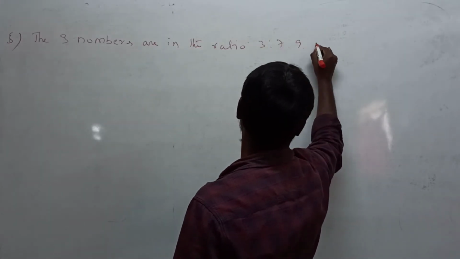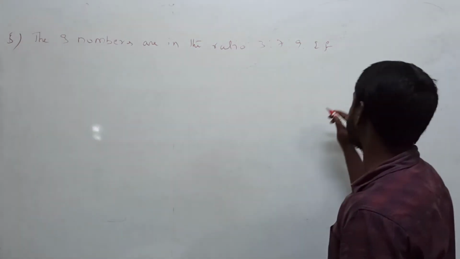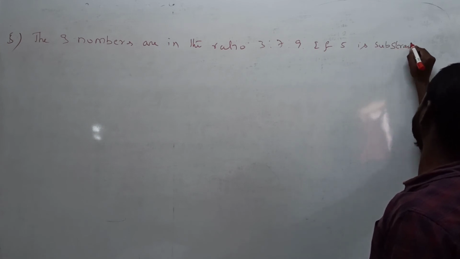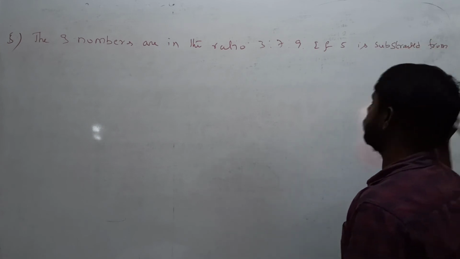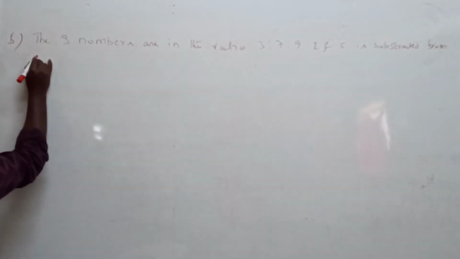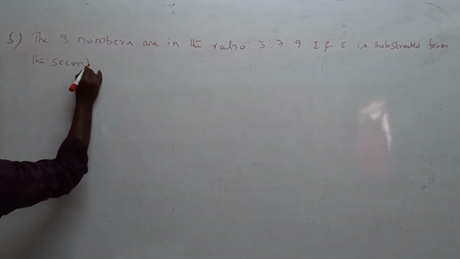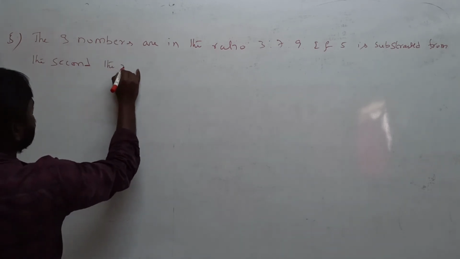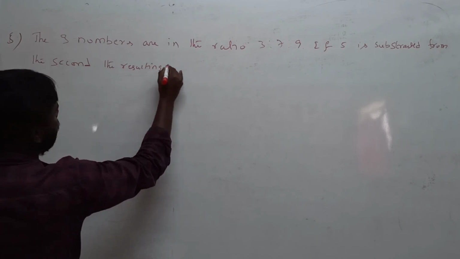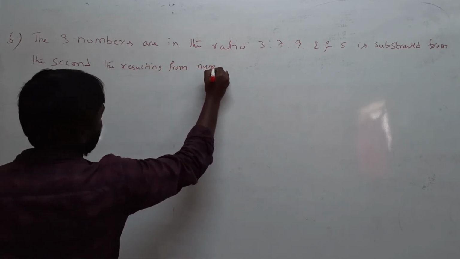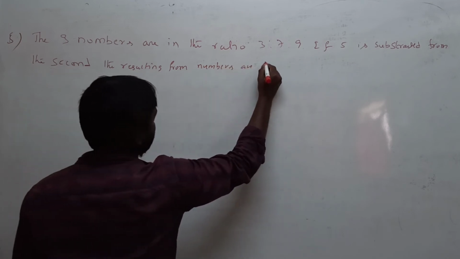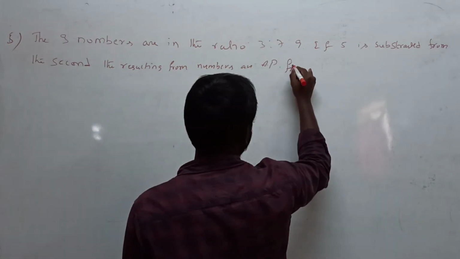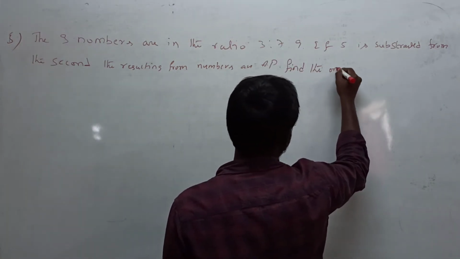If 5 is subtracted from the second number, then the resulting numbers form an arithmetic progression. Find the original numbers.